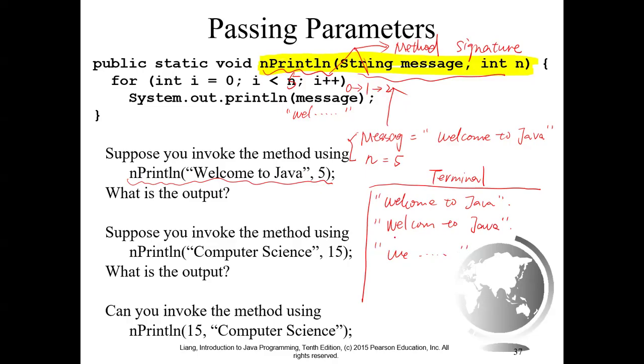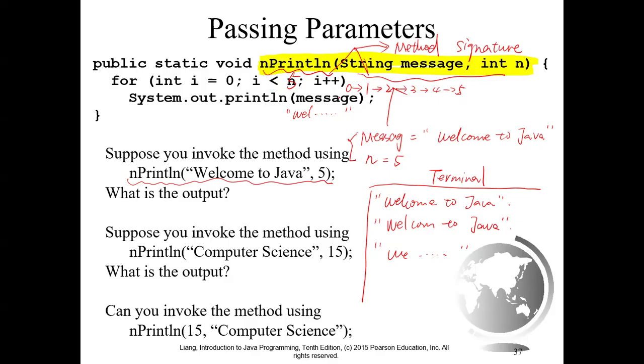And everything repeats until i is incremented from 2 to 3 to 4 to 5. Until 5, it finds out that 5 is equal to 5, and then the for loop will not be executed.